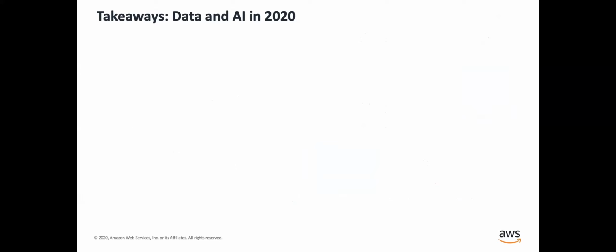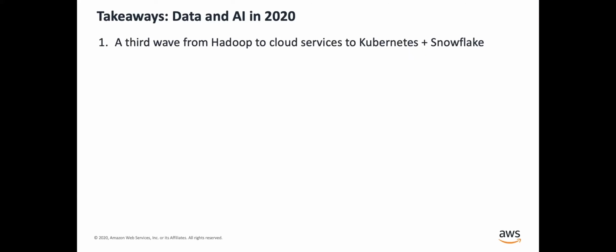I will close my talk by sharing some key developments in the AI big data space. The first thing is the third wave, from Hadoop to cloud service to Kubernetes plus Snowflake. If you don't know what I mean, that's okay. But just know that cloud is not everything.